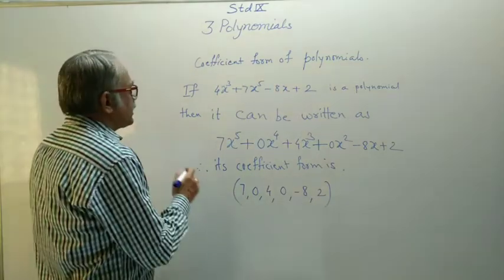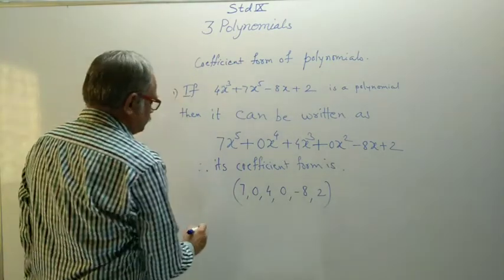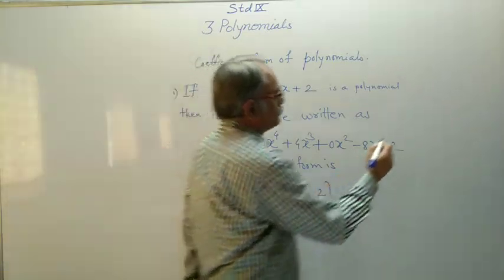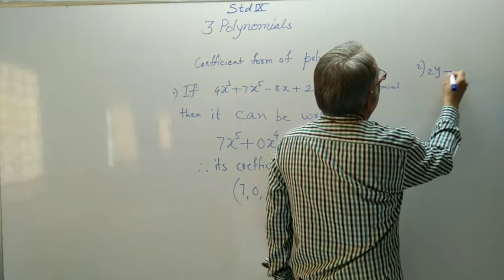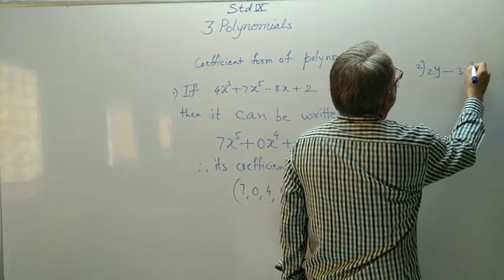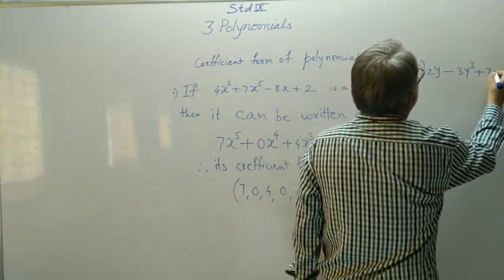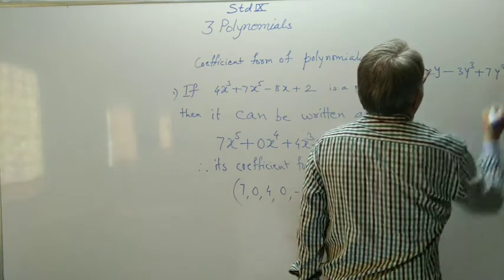Now I will give you a second example. 2y minus 3y cube plus 7y square.